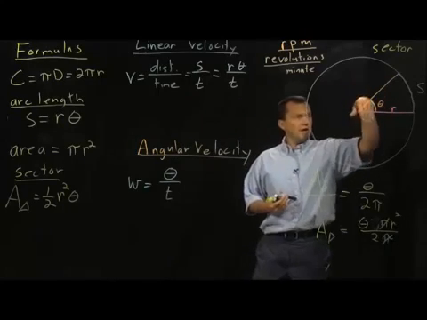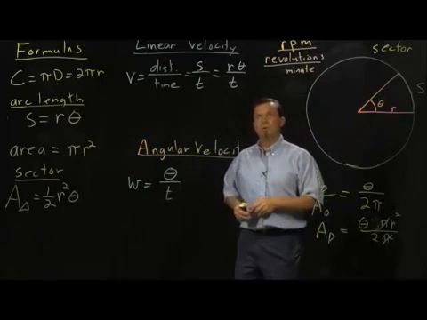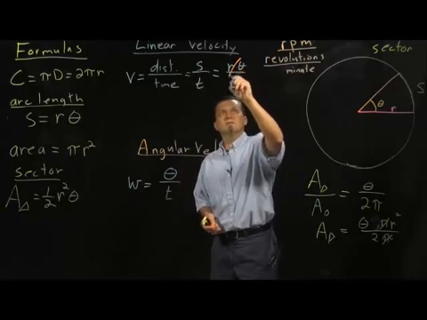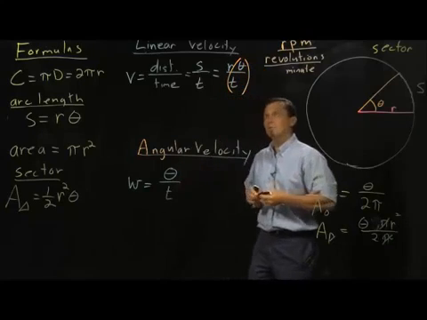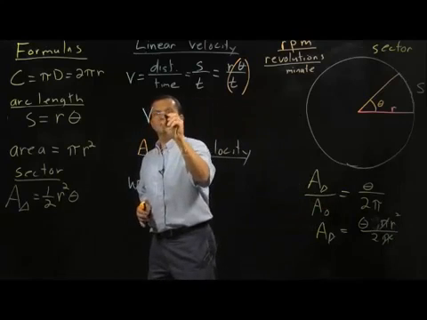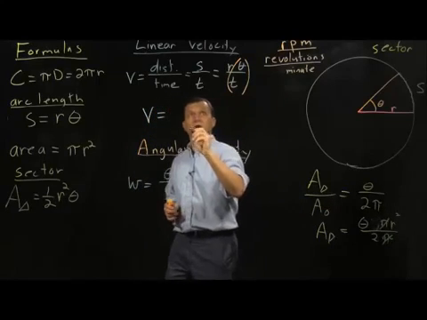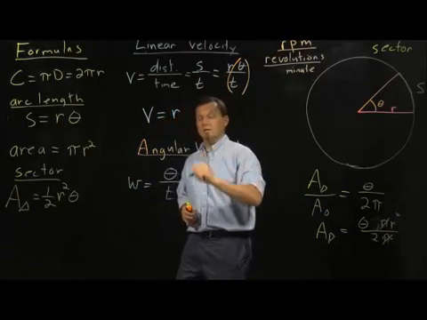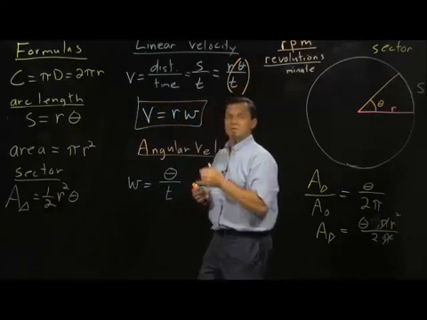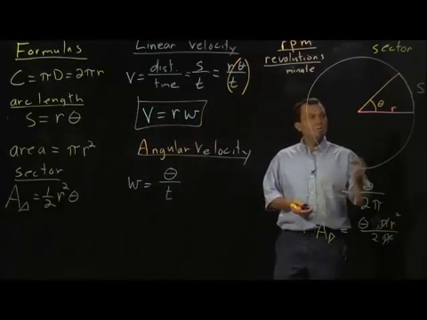So how many angles you've gone over some period of time. If we look closely, we see this angle over time up here in our velocity formula. So another shortcut for linear velocity is just the radius times the angular velocity.